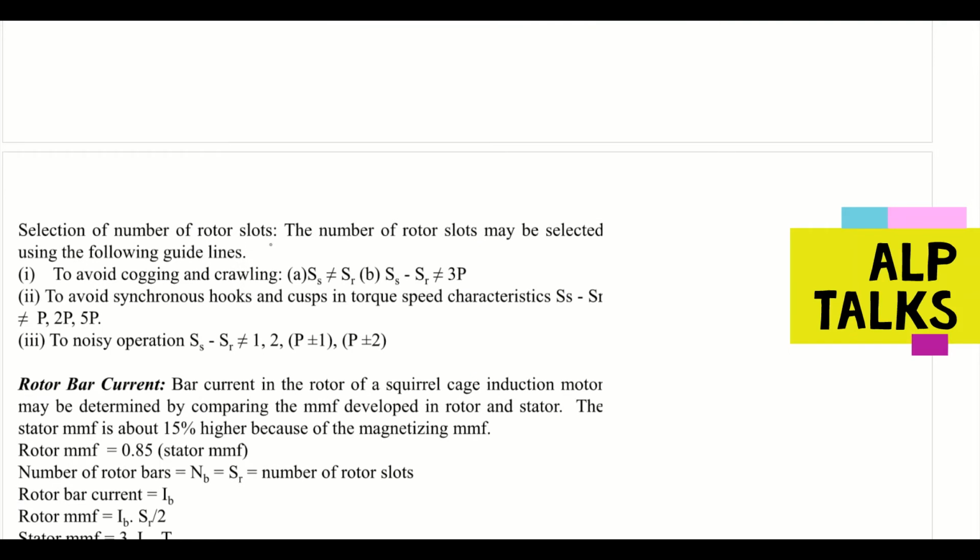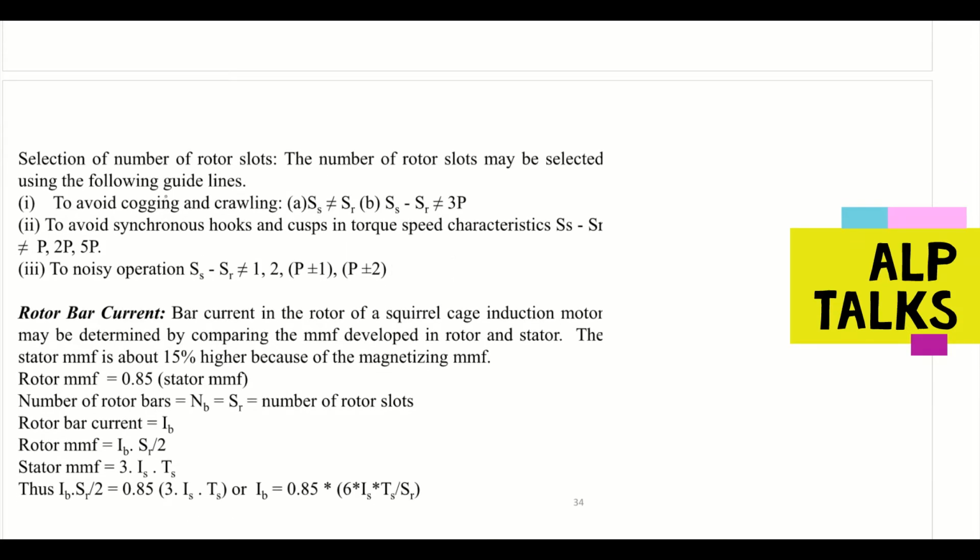So, selection of number of rotor slots. The number of rotor slots may be selected using the following guideline. To avoid cogging and crawling, the stator slots and rotor slots should not be equal, and their difference should not be a multiple of 3 times the poles.